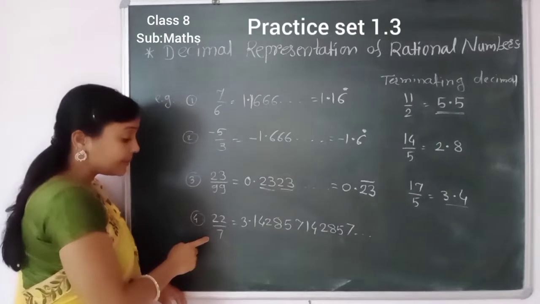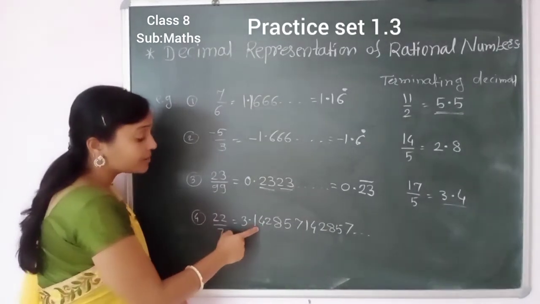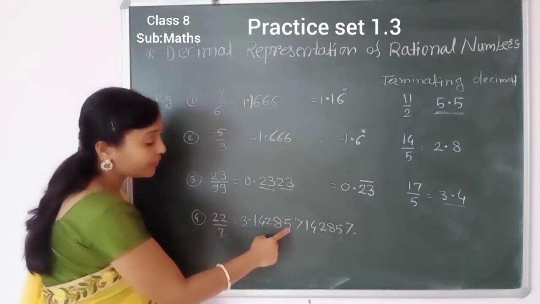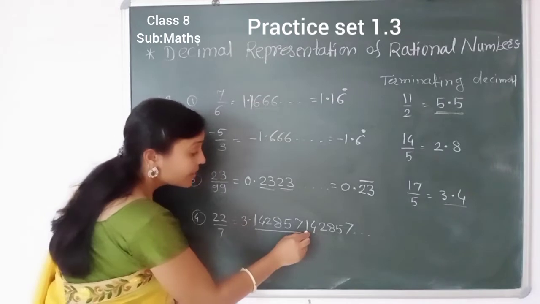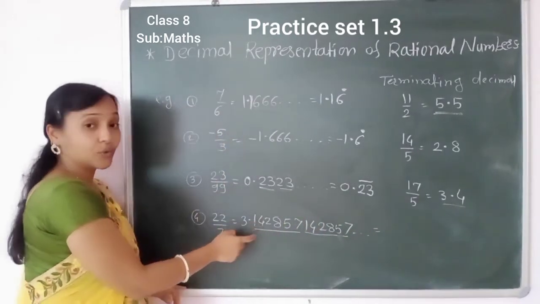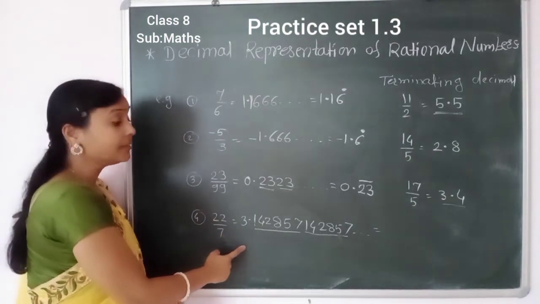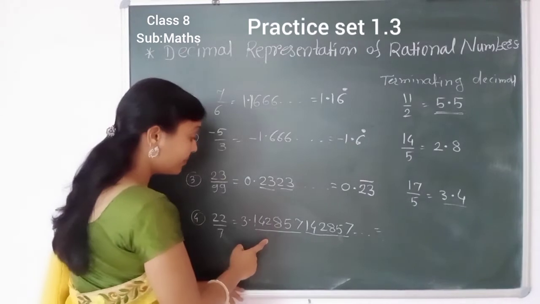In the fourth example, 22 by 7, we get 3.142857. Again, these whole digits repeat again and again. That number is called a non-terminating and recurring rational number.